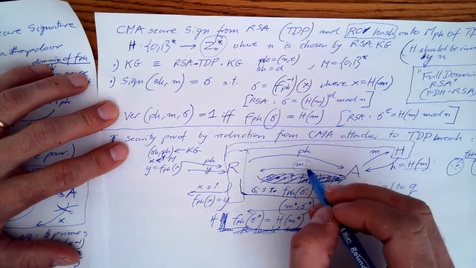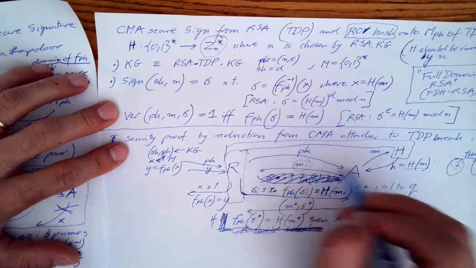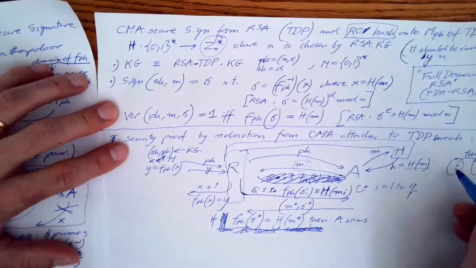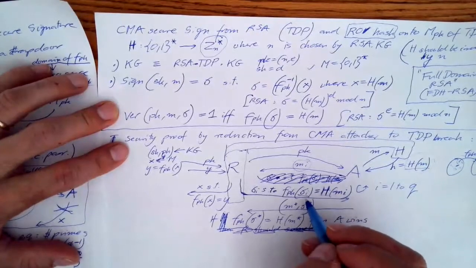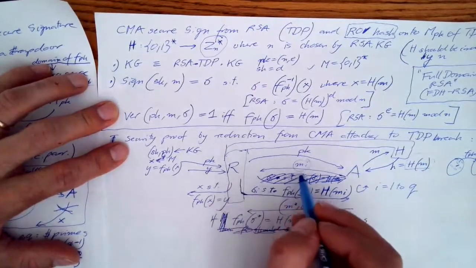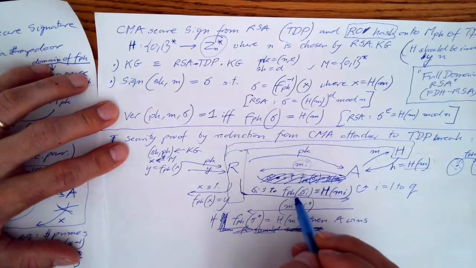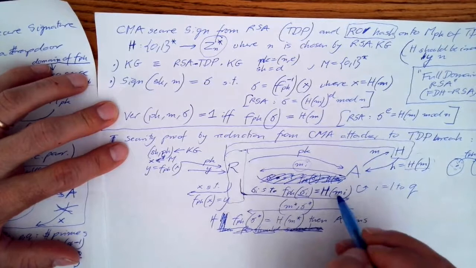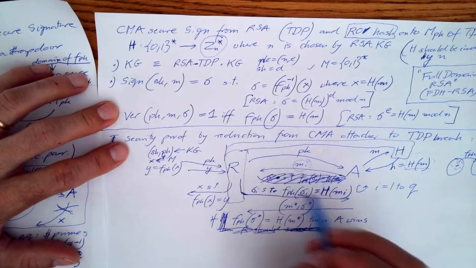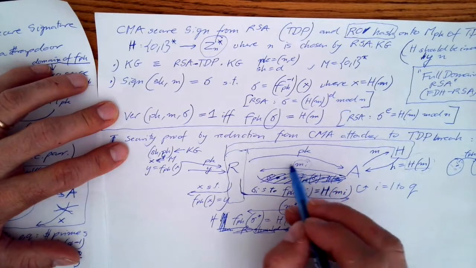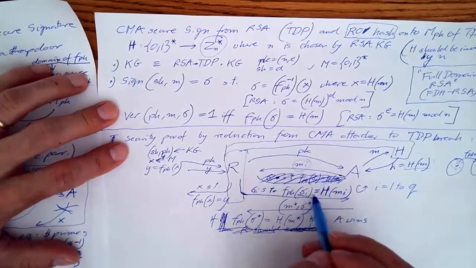Therefore, hash of m_i is F_PK on some x_i. So the signature is just that x_i, right? So it was very easy for the reduction to create these quote-unquote inverses of the F_PK function, because it chose this to be this function computed forward on a random point in the domain, and when the adversary essentially asked for the inverse of that hash, the reduction had no problem supplying it.